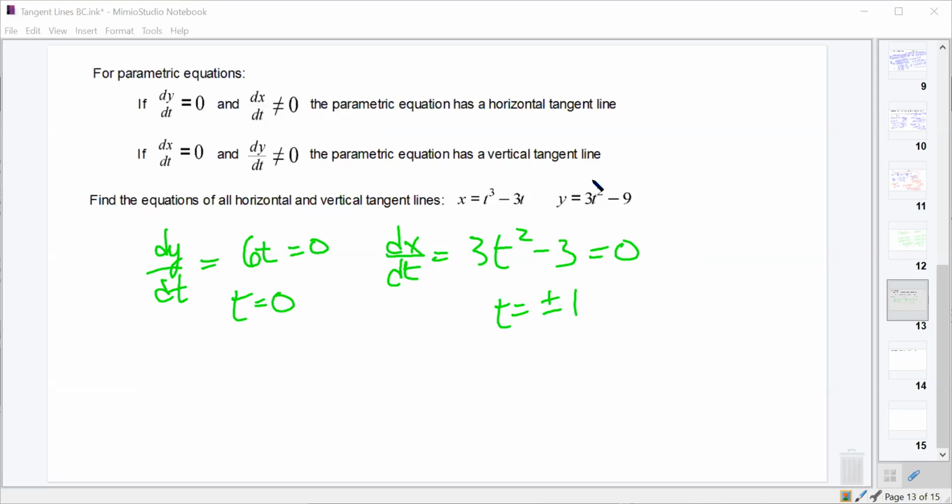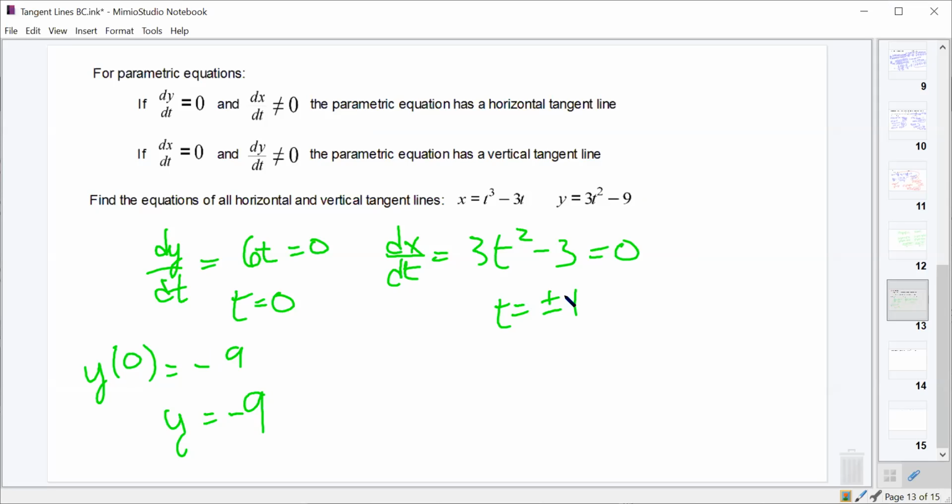Yeah, that's right. We'll plug it into the y one because it's a horizontal tangent line. So y of 0 equals -9. So we got y equals -9. Everybody see why we plug it into the y one, right? Because that's the equation of a horizontal line. Y equals, right? Plug it into the y.